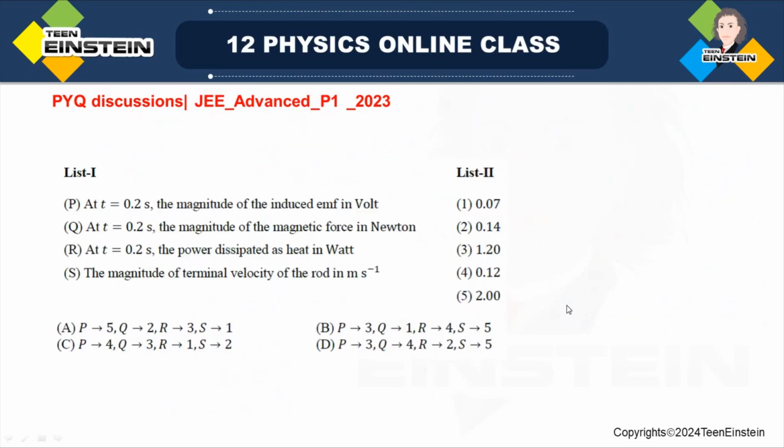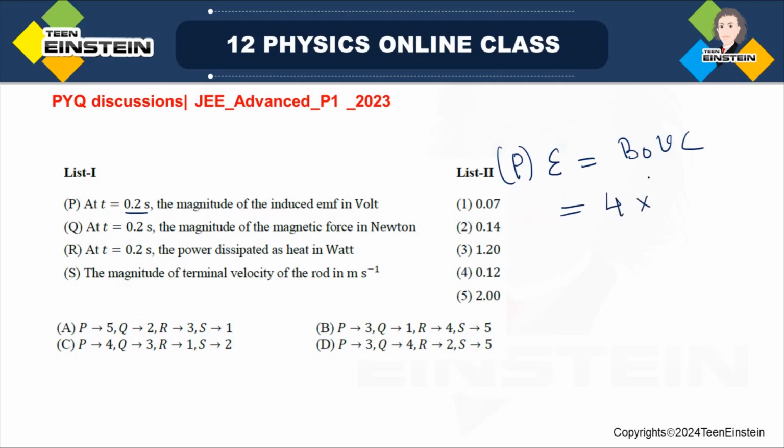Now look, the question was we have to find the EMF at this particular time. Now I have question P. I know this is B0 V L. B0 we know, B0 is 4 Tesla.